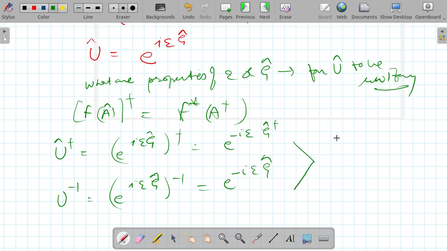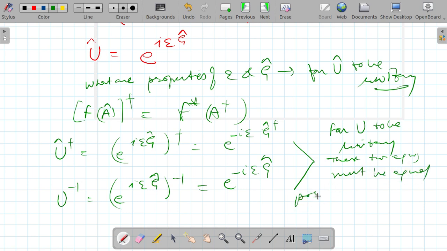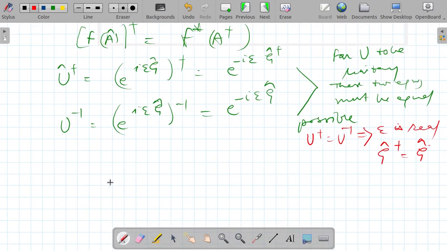So for U to be unitary, these two equations must be equal. This is possible, meaning U dagger is equal to U inverse, if epsilon is real and G dagger is equal to G. So that means G must be Hermitian.